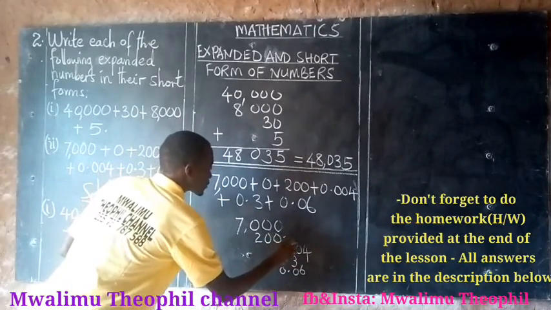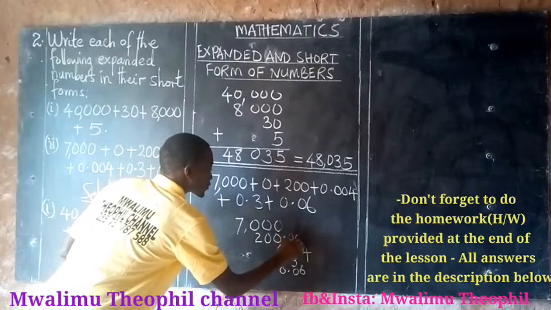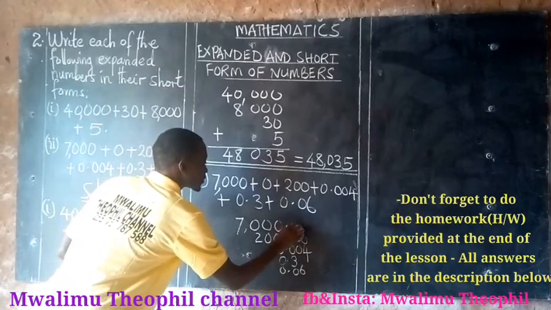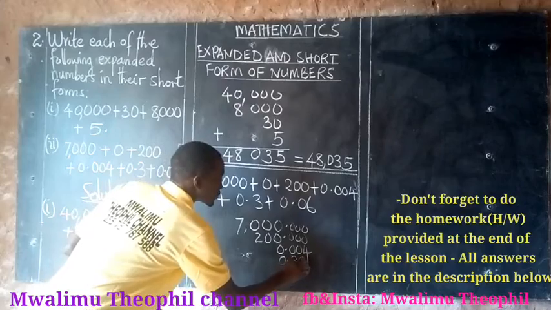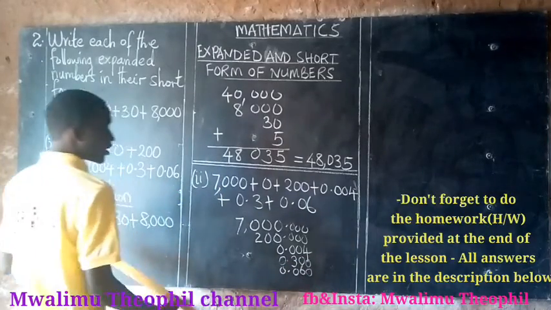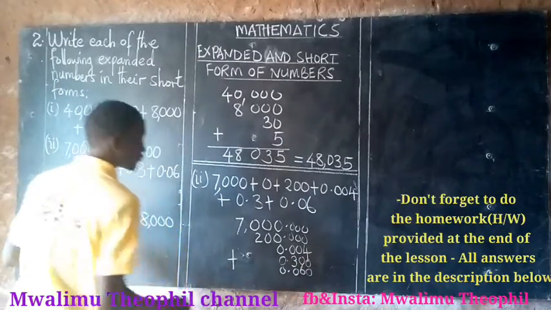Now you can decide to put decimal points here, 0, 0, 0, and here it becomes 0, 0, 0, here 0, 0, 0. Now we start adding these values.